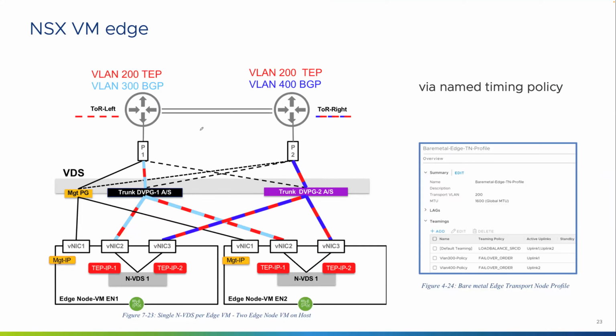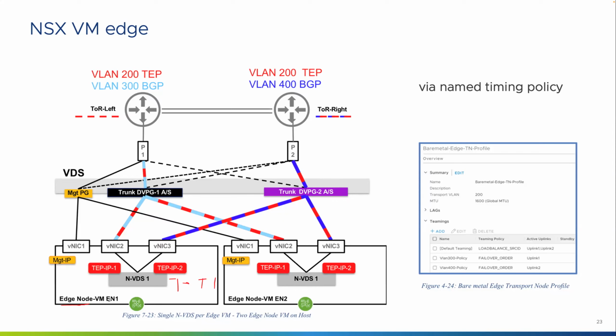I just want you to notice how we allocate or locate our T0 or T1. T0 or T1 sit on the edge node VM, right?